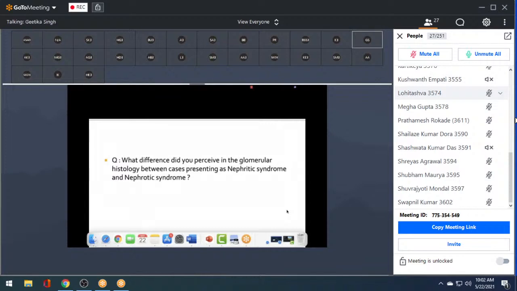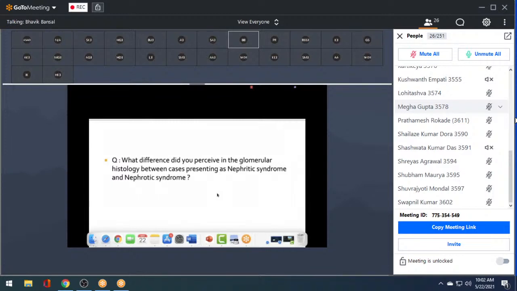Who would like to unmute and answer this? You've seen so many images now, right? So many pictures of glomeruli. And you had common causes of nephritic, and now you've seen some common causes of nephrotic. What do you think is the difference in the glomerular histology?